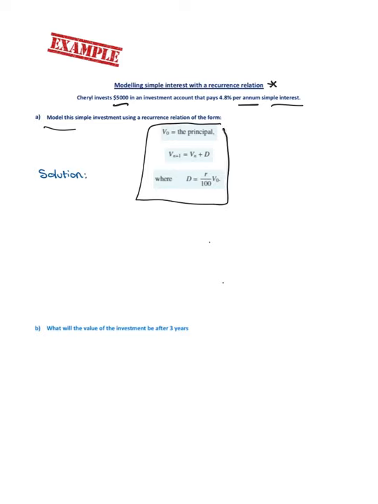This is our recurrence relation for simple interest. We need the principal, V0, and the rule Vn+1 equals Vn plus D, where D is equal to the rate divided by 100 times our initial amount. So first, what do we know? We know that our initial investment is $5,000. Now we need to find D. D, remember, is equal to the rate.